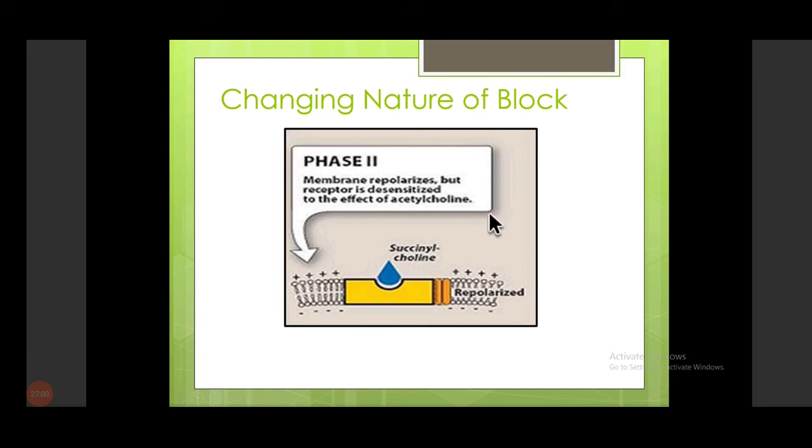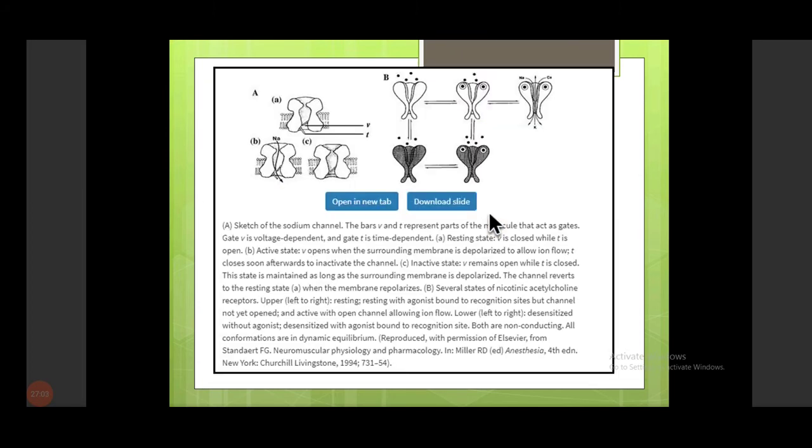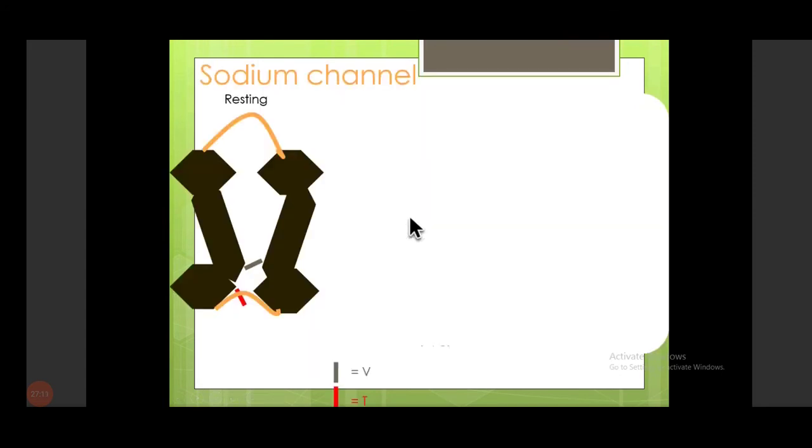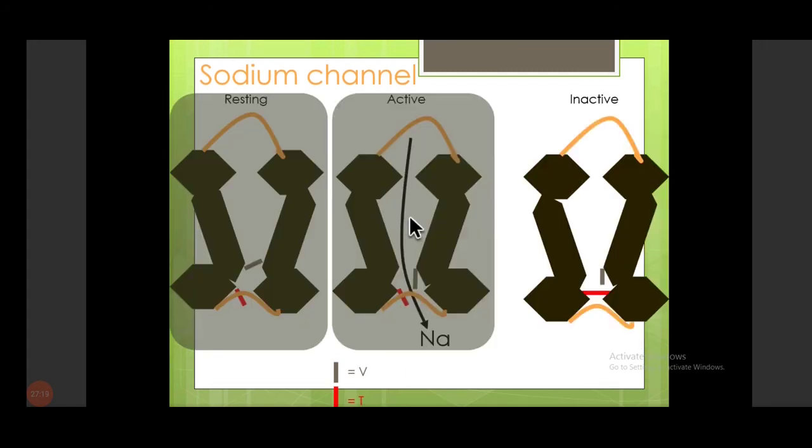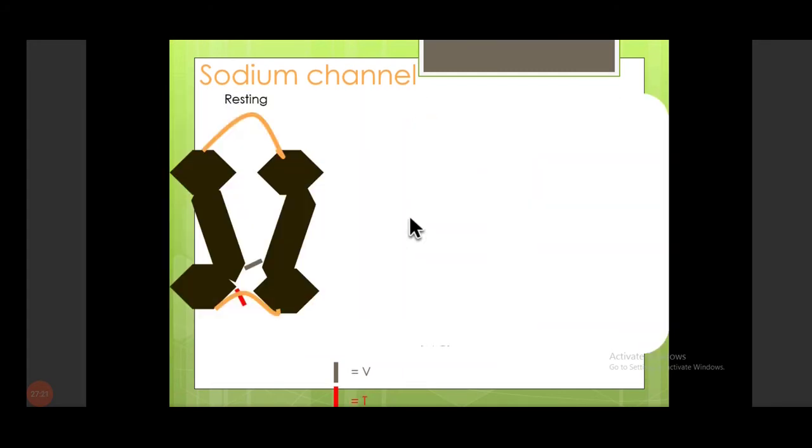So, phase 1 block and phase 2 block. Now, coming to the discussion about the sodium channels. Firstly, we know that the sodium channels exist in three states, that is the resting state, active state, and inactive state. In the resting state, if you can see on the slides, there are two gates shown in the diagram.